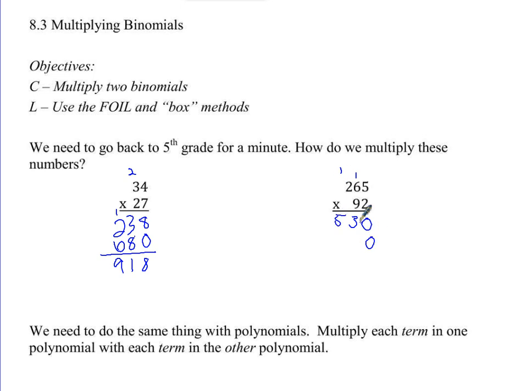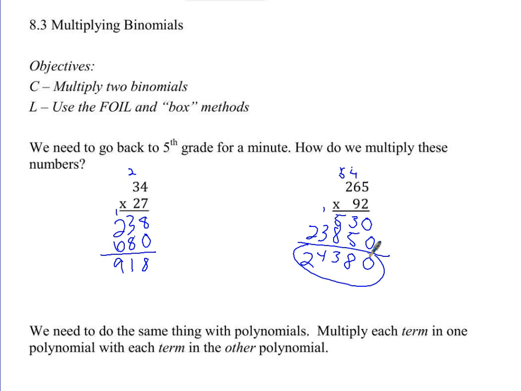Put down a 0. 9 times 5 is 45, carry the 4. 6 times 9 is 54, plus 4 is 58. Carry the 5. 2 times 9 is 18, plus 5 is 23. And we add up all the like places. So the ones place, the tens place, the hundreds place, carry the 1, the thousands place, and then the 10,000s place. There's your answer.